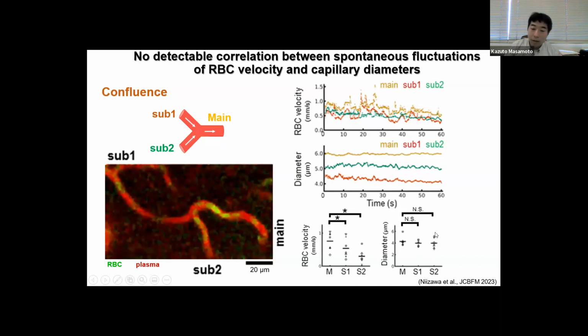So again this indicates that speed and diameter are not always correlated.